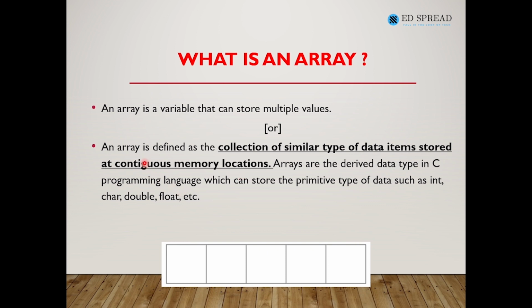So now, what is this contiguous memory location? Let's assume there is a box. The box is nothing but the memory in your computer, the memory in your personal computer or laptop. Whenever we want to store a equal to 10, that is int a equal to 10. As I told you on day one, every data type has a particular memory size according to the system.